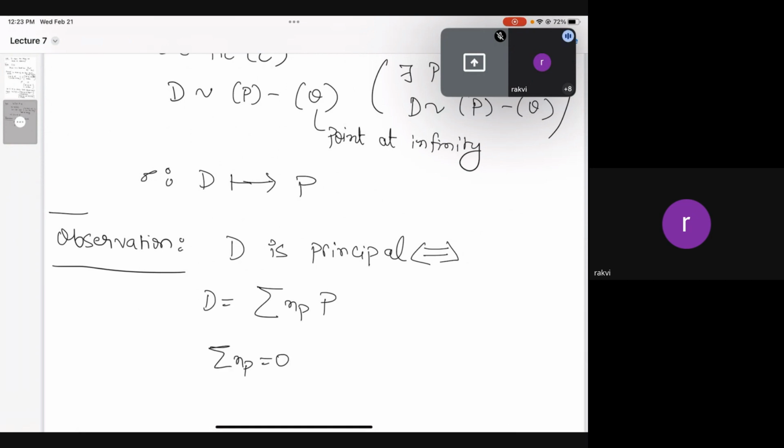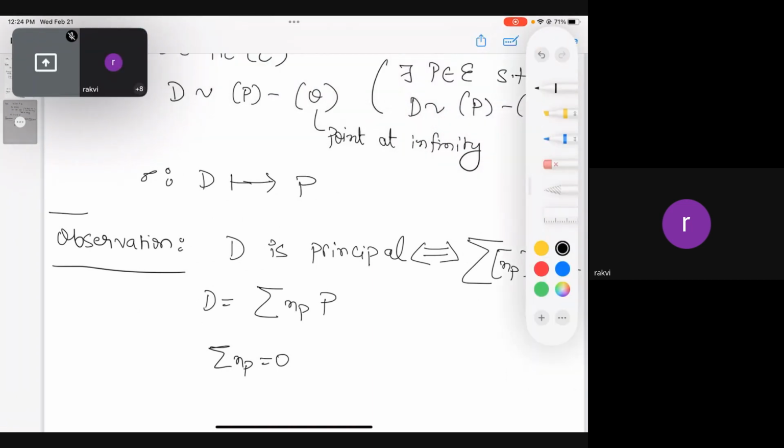That's the definition. But what is nice for elliptic curves is that to verify whether a degree 0 divisor is principal, I add the points in my elliptic curve, and D is principal if and only if the sum of n_P times P is the identity. This addition is taking place in the elliptic curve. And let D have degree 0.